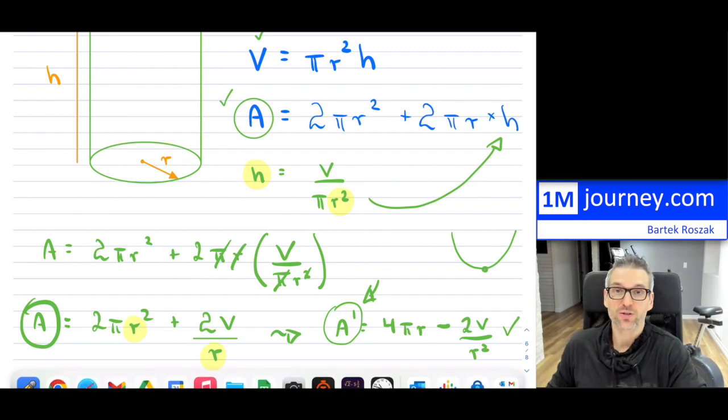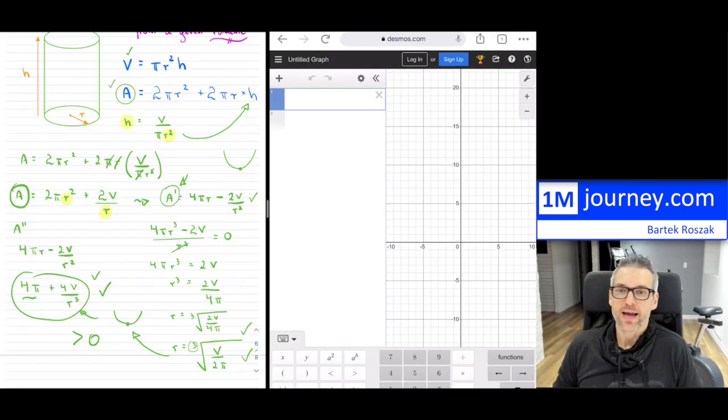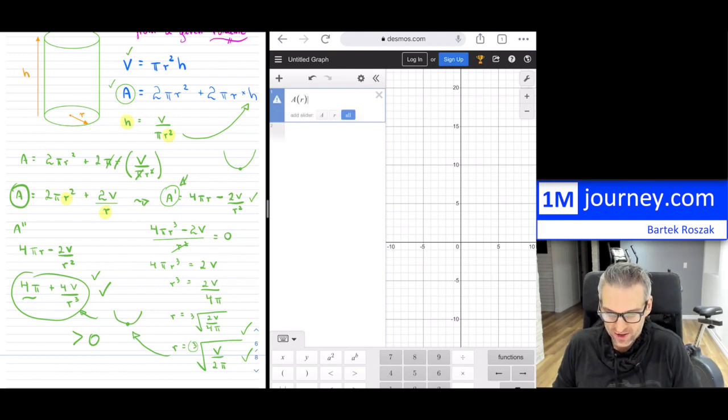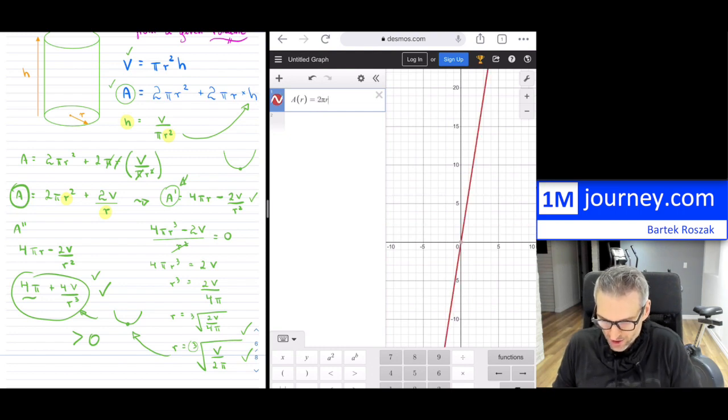So let's pop up Desmos. Here in Desmos, let me just punch this whole thing in. Let's say A, which is dependent on r, is equal to 2 pi r squared plus 2v over r.